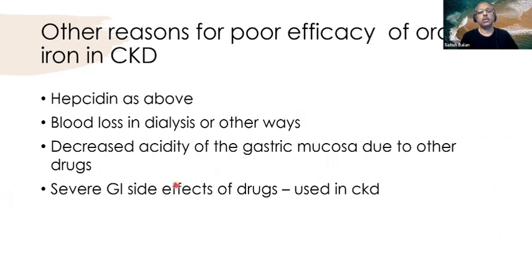And many of the drugs that supply oral iron have severe GI side effects. And these patients with CKD already have GI side effects, and therefore they cannot tolerate these drugs, even less than those patients without CKD. So for these multiple reasons, oral iron is not effective in CKD. But one of the most important reasons is hepcidin, as I already said.